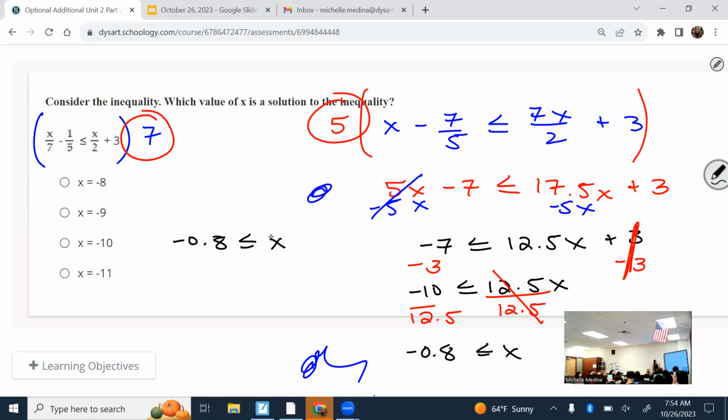So let me see if I can put that in Desmos and see if it's an error in the key, because sometimes that happens, or if it is an error in something we did. All right, so let's see.